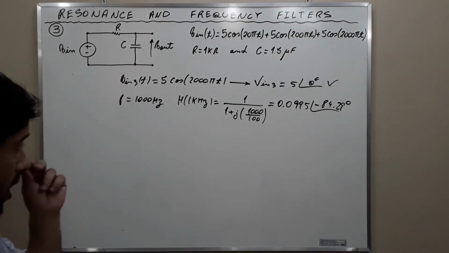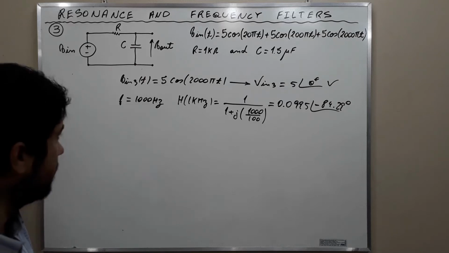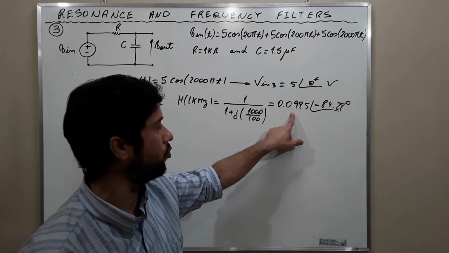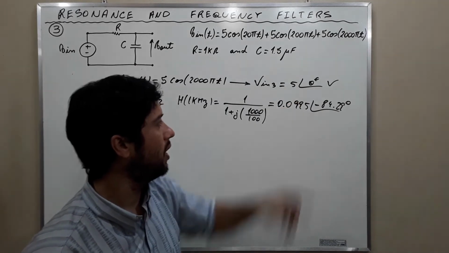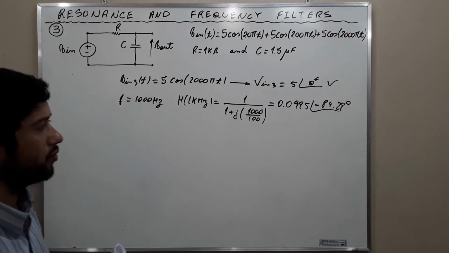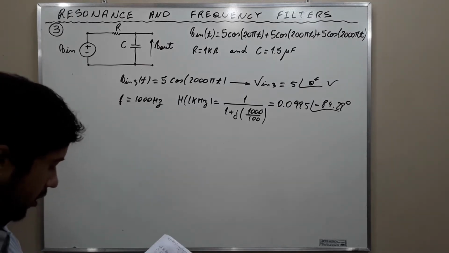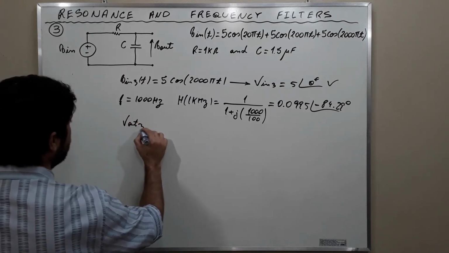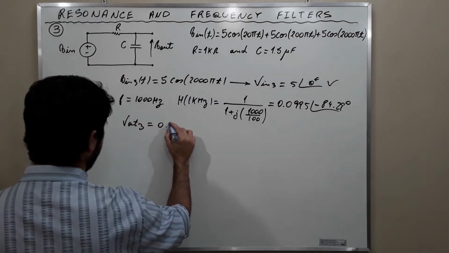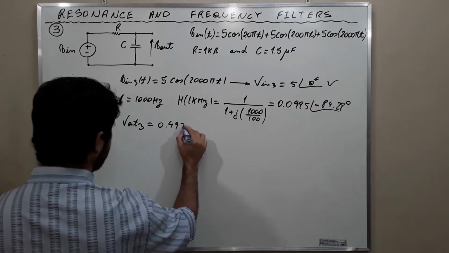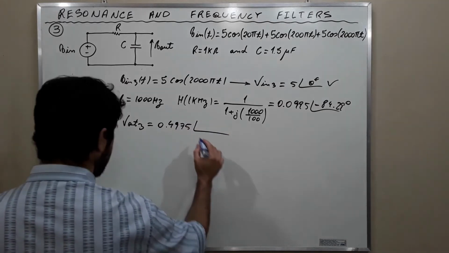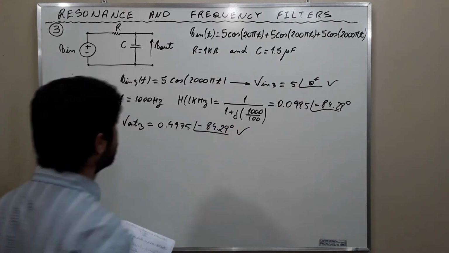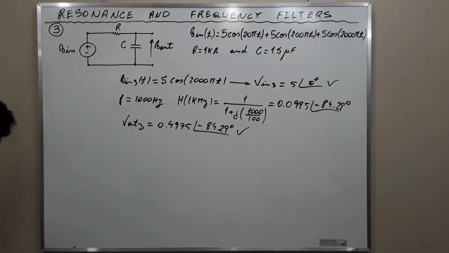And likewise, as we did before, the output phasor is going to be simply the multiplication between the value of the transfer function and the phasor of the third component of the input voltage. And this is equal to V out 3 equal to 0.4975 in the phase negative 84.29 degrees volts.